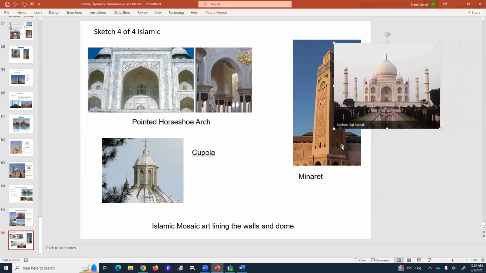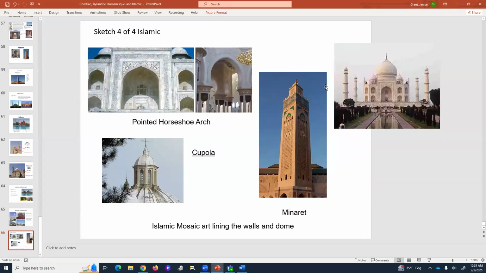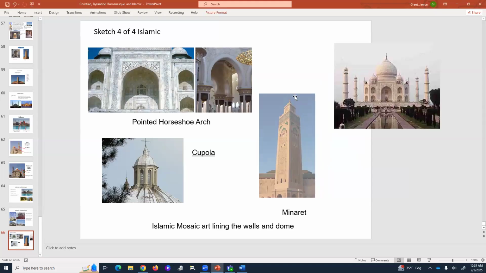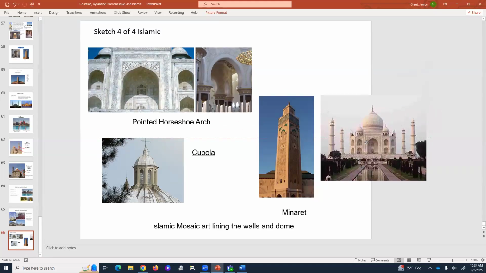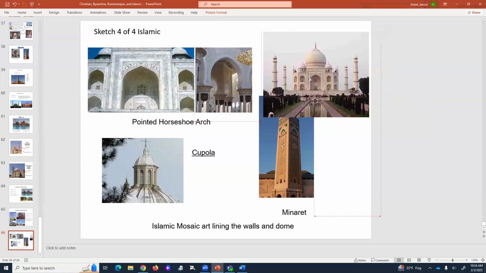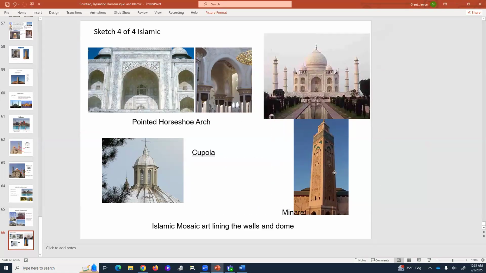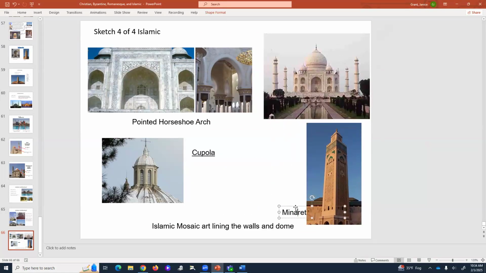I'm just giving you images to be able to represent these things. So it could be just something like that, a little quick sketch of how the minarets are part of this Taj Mahal.